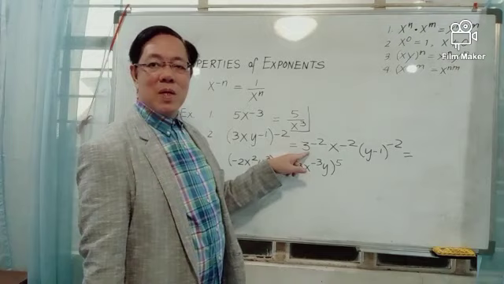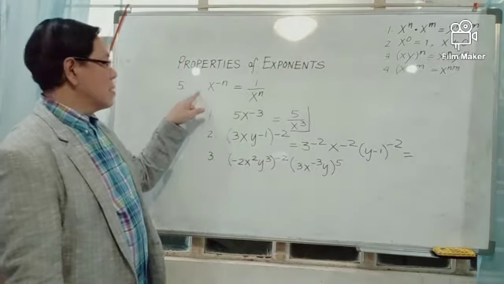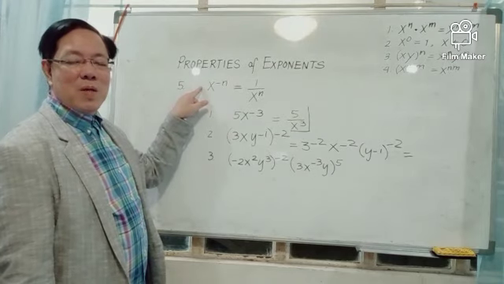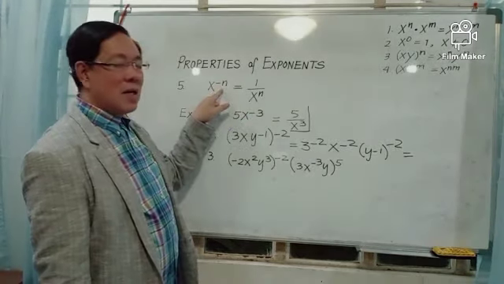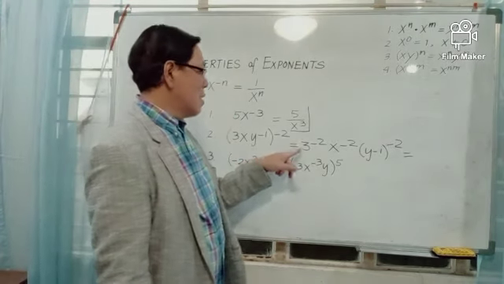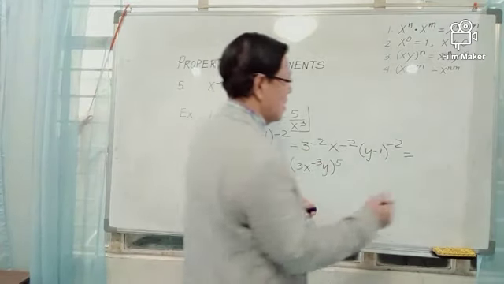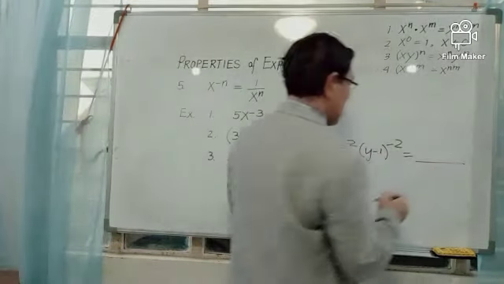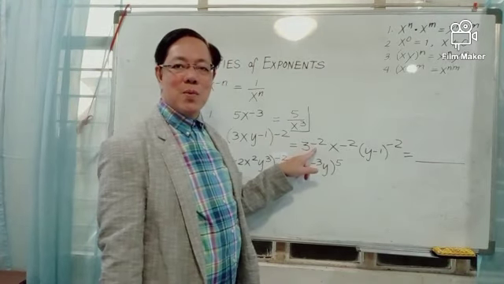Again, we remove the negative exponents by applying this property. Those with negative exponents, we bring them to the denominator by taking the opposite sign of the exponent of the base. 3 to the negative 2, we bring this down to the denominator and we take the opposite sign of negative 2.